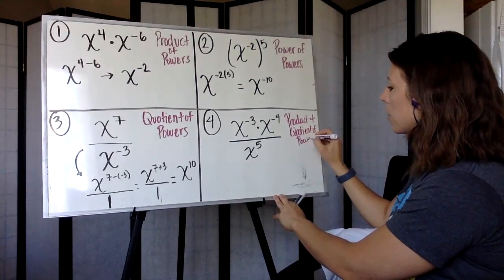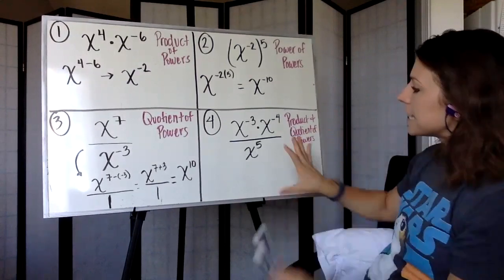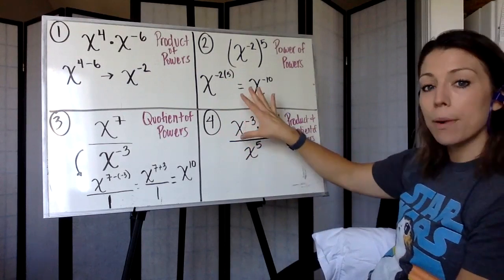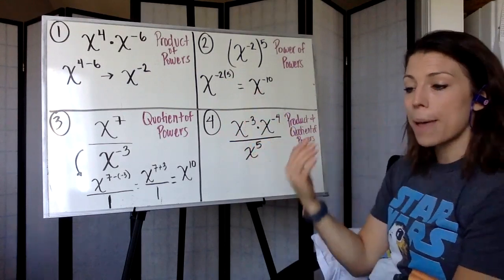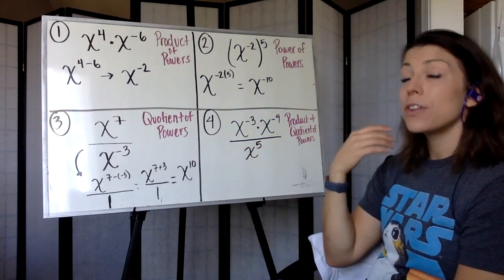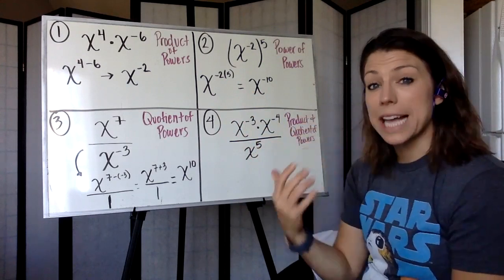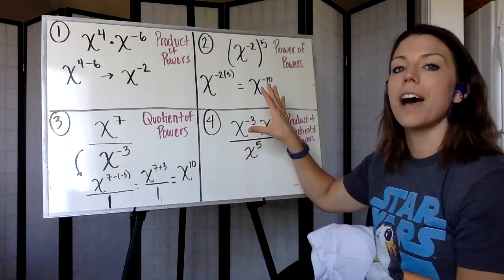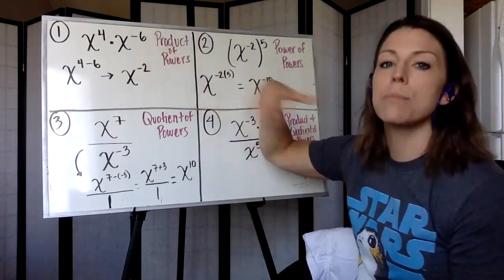Now, which one are we going to do first? Well, the entire expression is a quotient, meaning the quotient is probably what I'm going to do last. If you remember, however we would classify the expression, that's the math we would do last. If it's a quotient, we divide last. If it's a product, we multiply last.